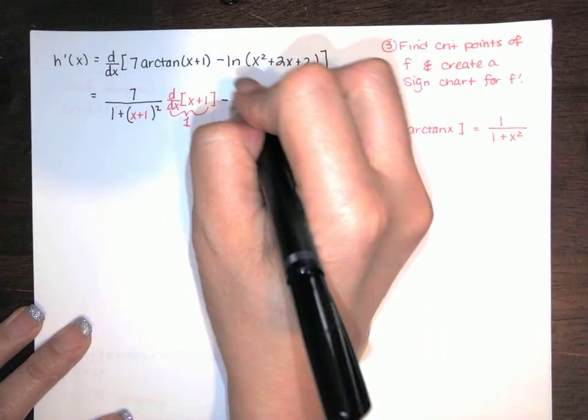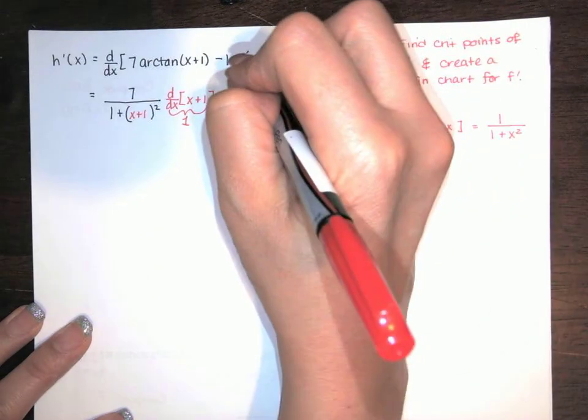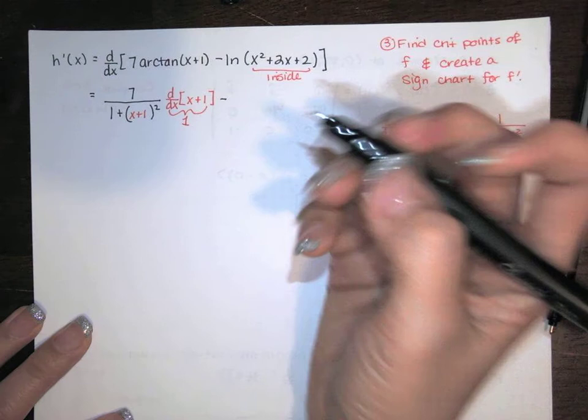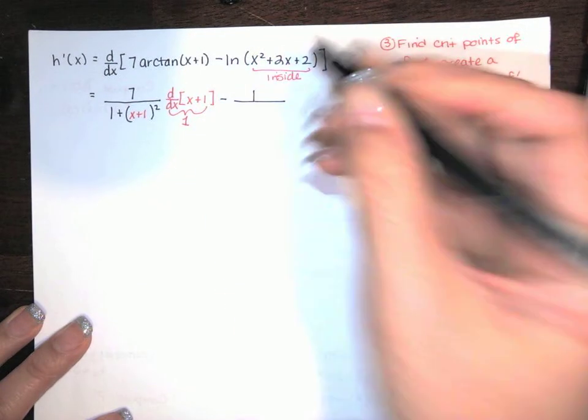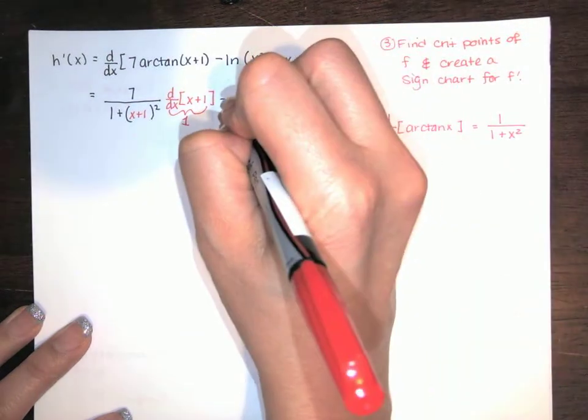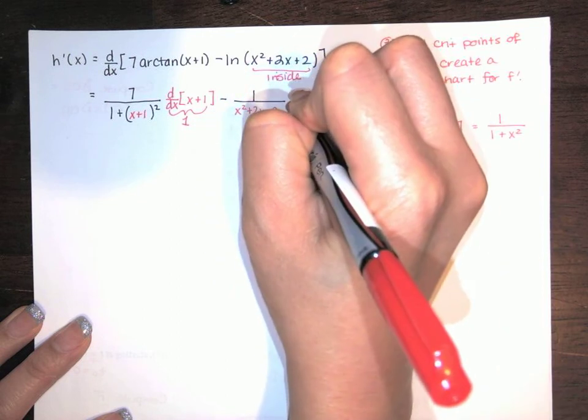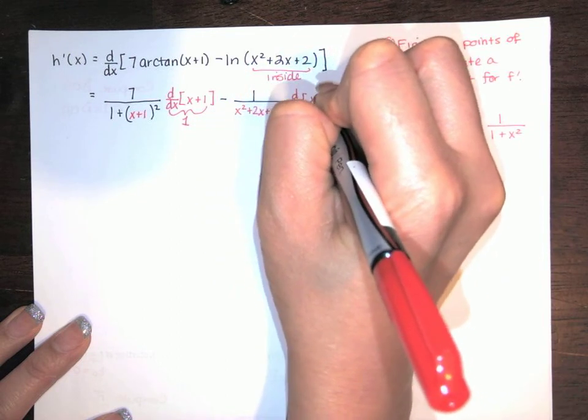Now over here, I've got the log of a function. Here's my inside function. The derivative of log of something is 1 over that inside function times the derivative of the inside by the chain rule.